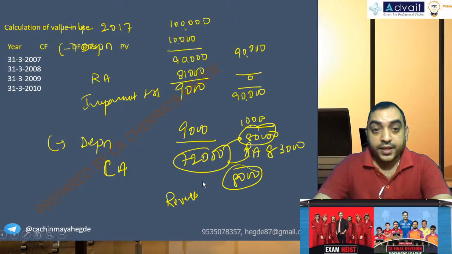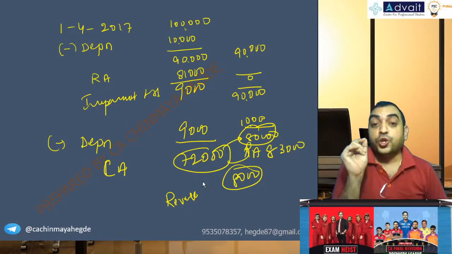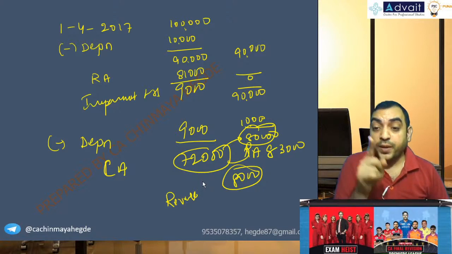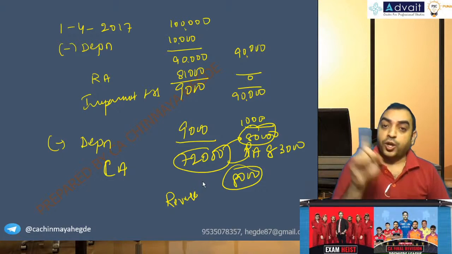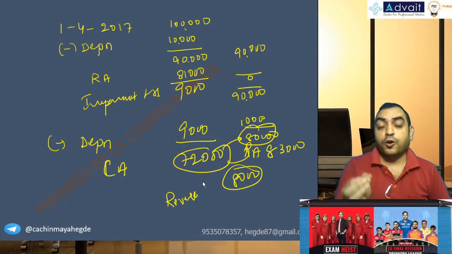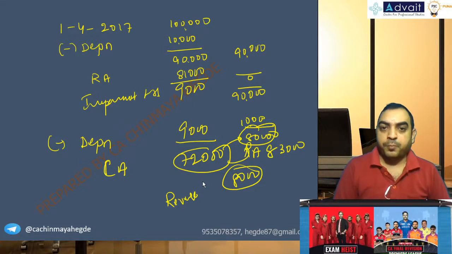Okay, let's go further then. Only one point on this part. Reversal of impairment of goodwill is not allowed under Ind AS but allowed under AS. The logic they think is, when the goodwill is reduced, you provide for impairment.